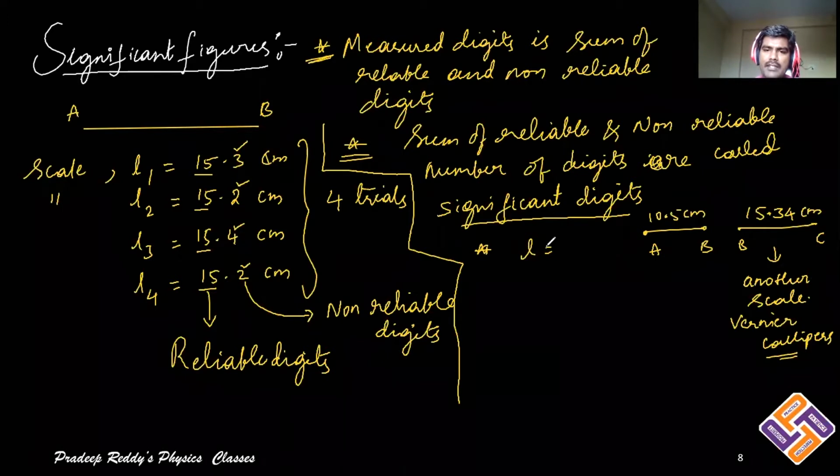Now I want to add these two. Total length is equal to L1 plus L2. In the first measurement you have only 3 digits, and in the second measurement you have 4 digits.